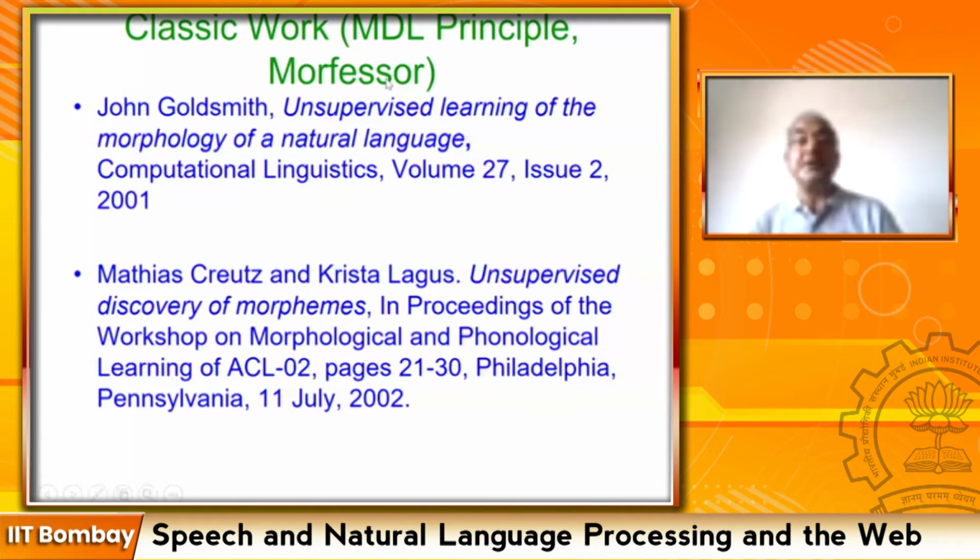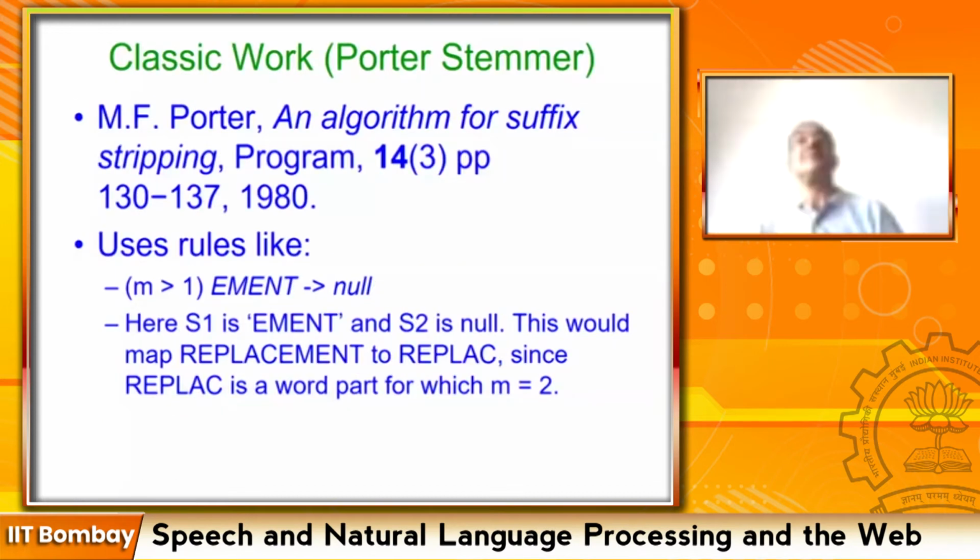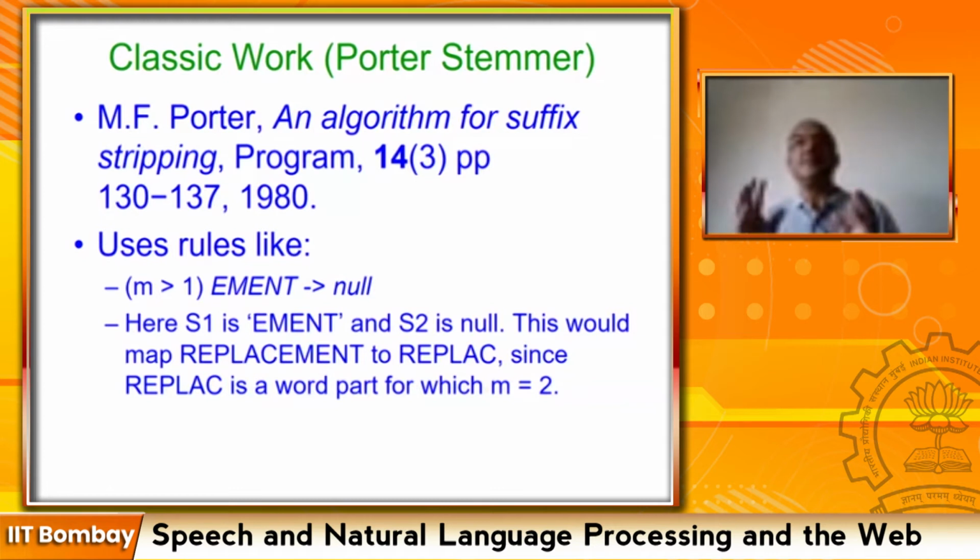Now another classic work was motivated by information retrieval. Morfessor was motivated by NLP. Porter's stemmer is another classic work. This was motivated by information retrieval. Now information retrieval people are not interested in morphemes which are valid in the language. They are interested in a canonical form of the word, a canonical part of the word, which can be used for indexing the document.